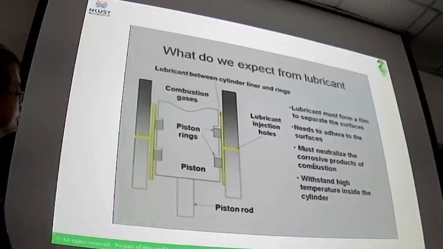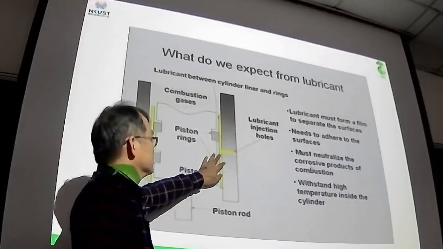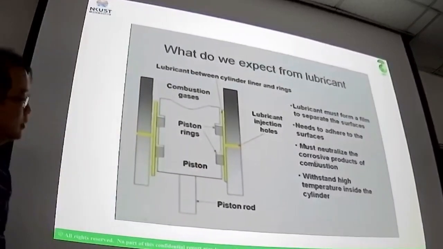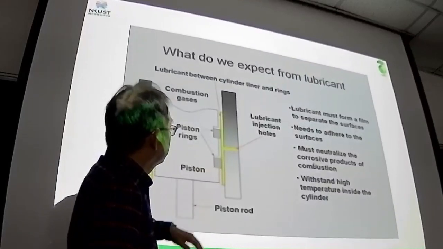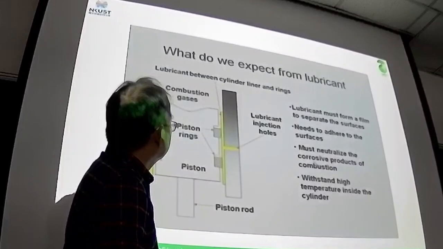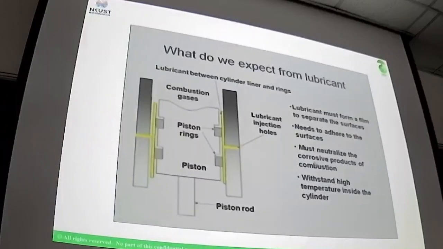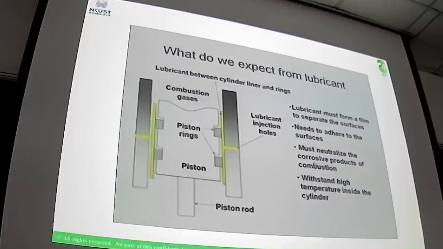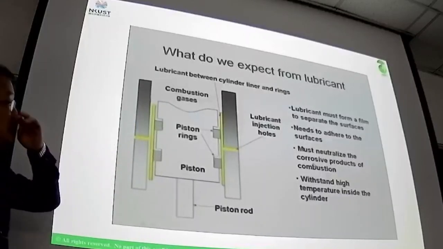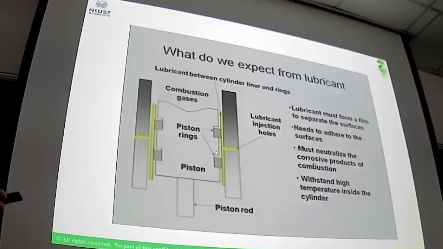Because the piston ring and the cylinder need to be in very tight movement, usually we have two piston rings. So the lubricant must form a film in this case, for the combustion engine.